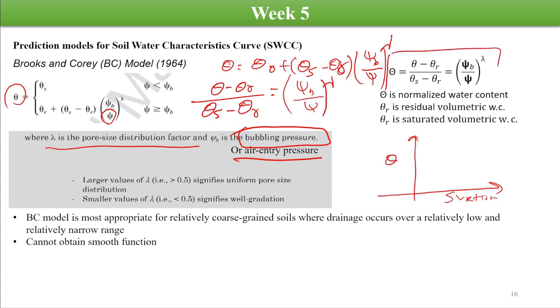This expression is written here, and this capital Theta, or big Theta, is the normalized water content, because it is theta minus theta r upon theta s minus theta r. So the normalized water content is directly related to the suction value in the soil.